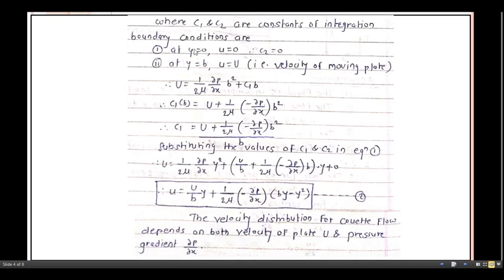Once we get this, our next target is to get the values of C1 and C2 by putting in the boundary conditions, where C1 and C2 are the constants of integration. What boundary conditions are available with us?